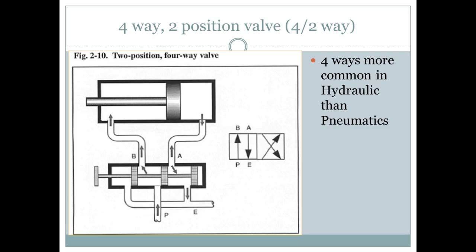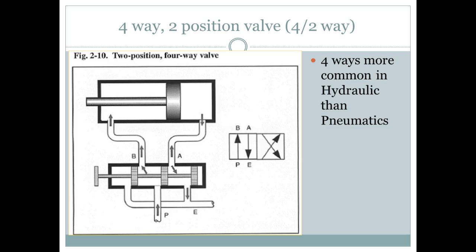So we throttle the exhaust. That way the flow control is always pushing back against the cylinder, there's back pressure, and you can control the flow, and the cylinder is not jerky anymore. Hydraulics makes no difference, because hydraulics don't uncompress. So we don't have any problem which way we meter.